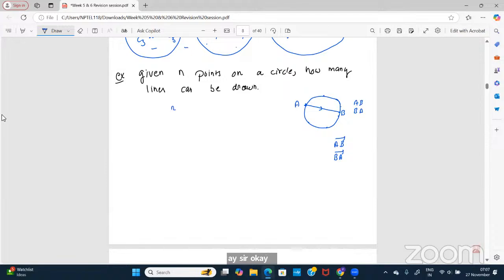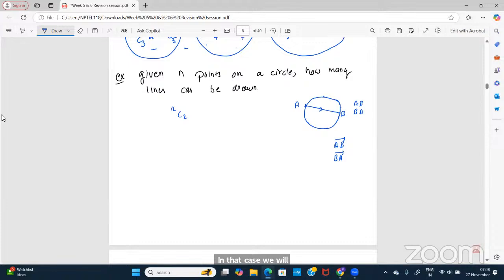In that case, we will be using combination. But if the question says that AB is different from BA, like there is a direction, and going from point A to B is different from going from point B to A, then order will matter, so we will be using permutation, which is nP2. If order does not matter, then it will be nC2.